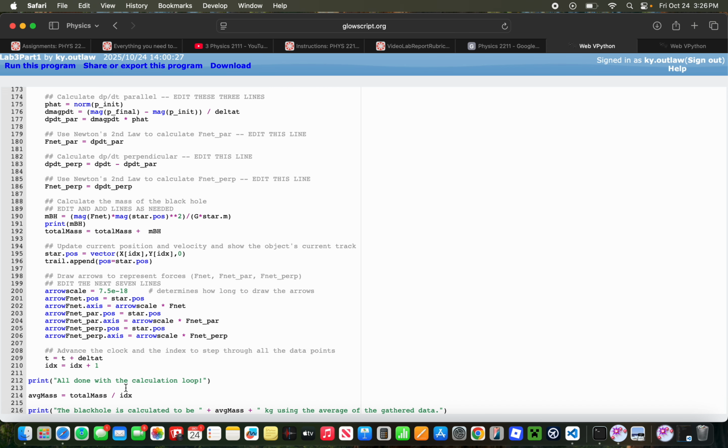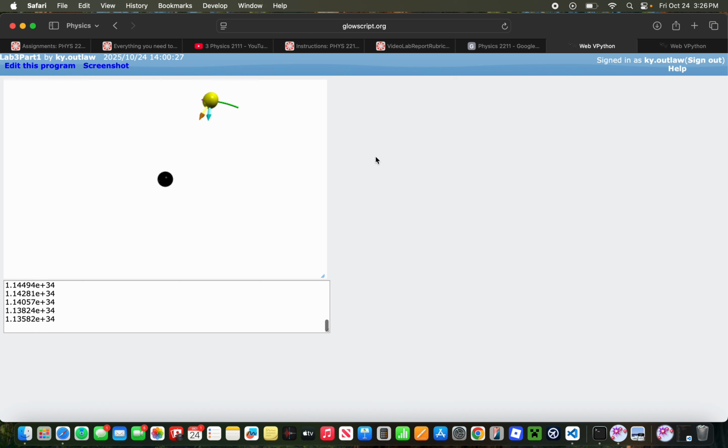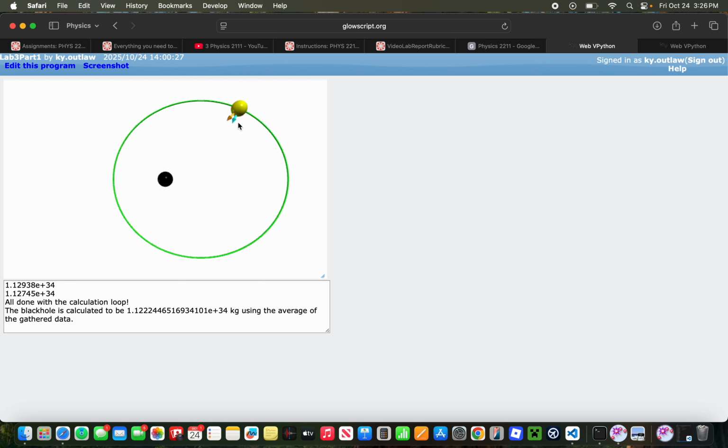Then we take the average of our black hole mass, and when we run it, we can see the different force vectors. Orange is the F net, blue is always perpendicular to the parallel force, which is the pink one, and that is sometimes in the direction of motion or opposite, and this is always pointing towards the center of the circle.